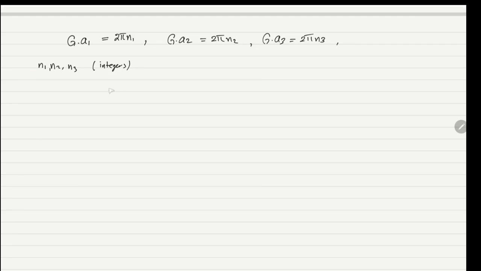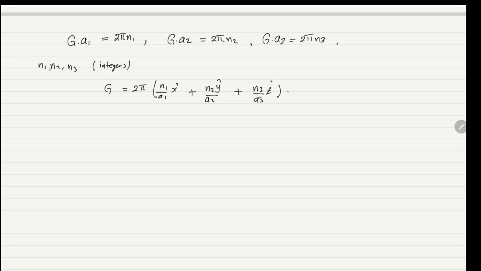Therefore, the solution G is equal to 2 pi times (n1 over a1 x hat plus n2 over a2 y hat plus n3 over a3 z hat).